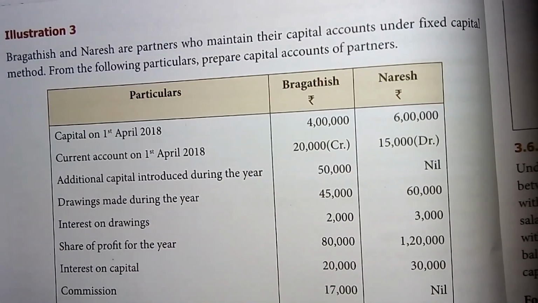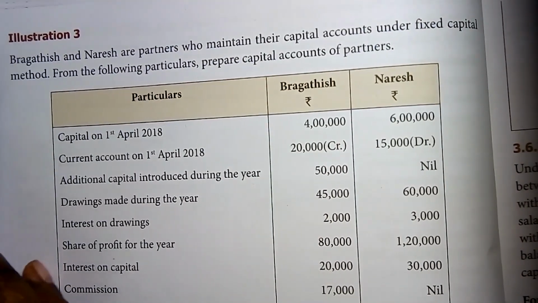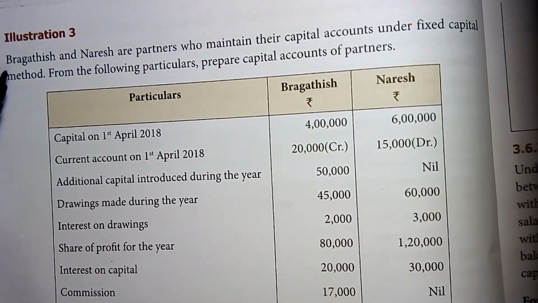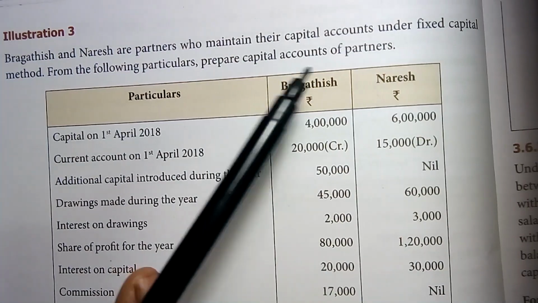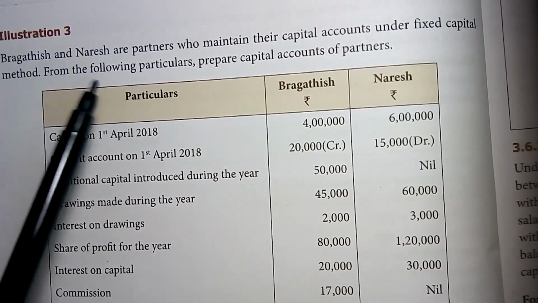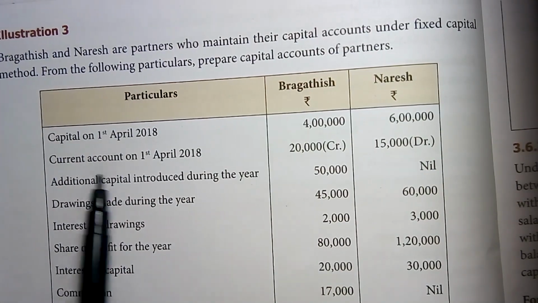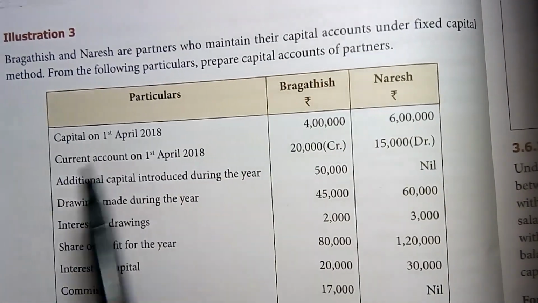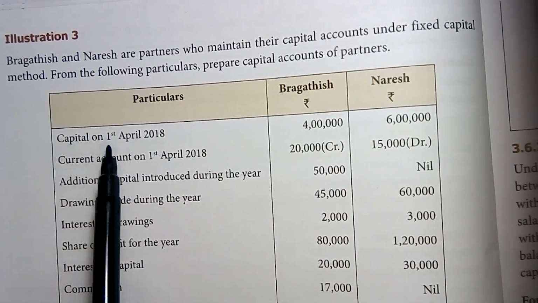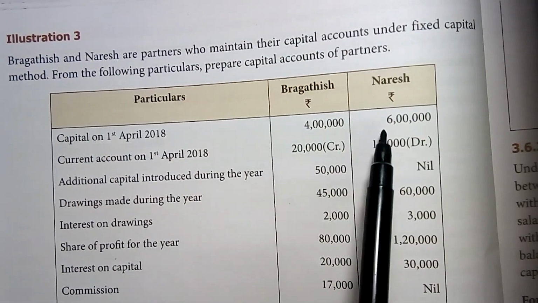Now let me explain to you the fixed capital method with the help of illustration 3. Now let's read the question. Pragatish and Naresh are partners who maintain their capital accounts under fixed capital method. From the following particulars, prepare capital accounts of the partners. So they are given two people, Pragatish and Naresh. The opening capital on 1st April 2018 for Pragatish is 4 lakh and for Naresh 6 lakhs.